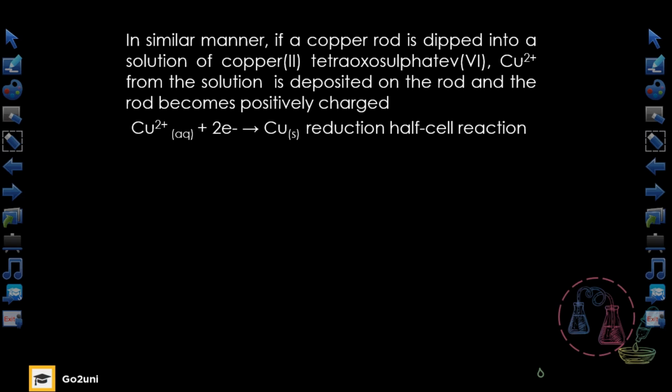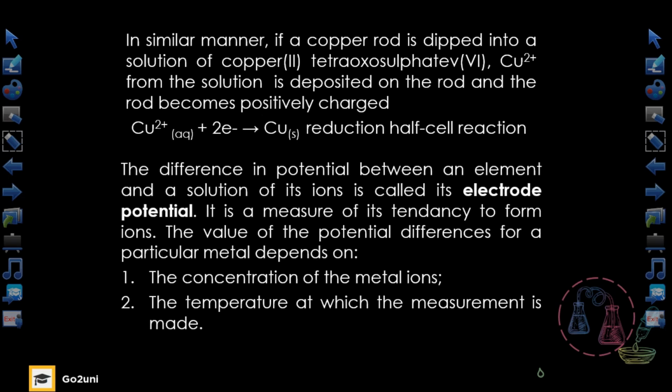And as this happens, it creates a potential between the rod and the electrolyte, which is called electropotential for copper. This is what is observed when these rods are dipped into their electrolyte solutions.